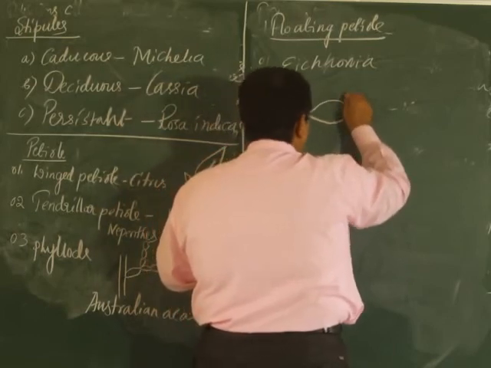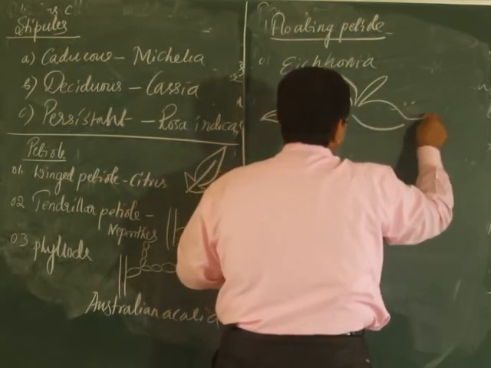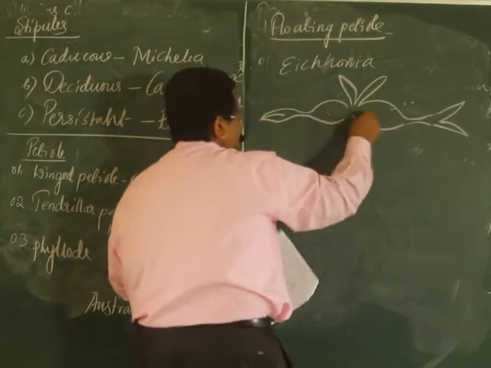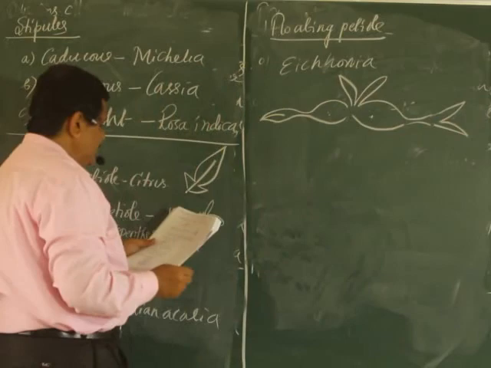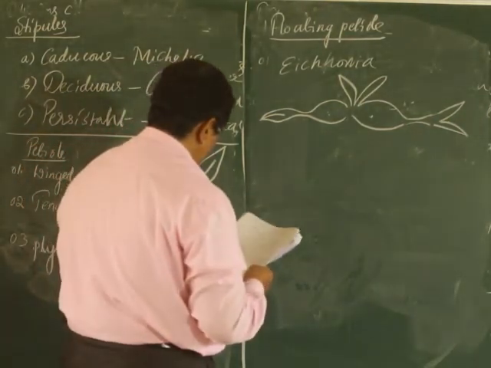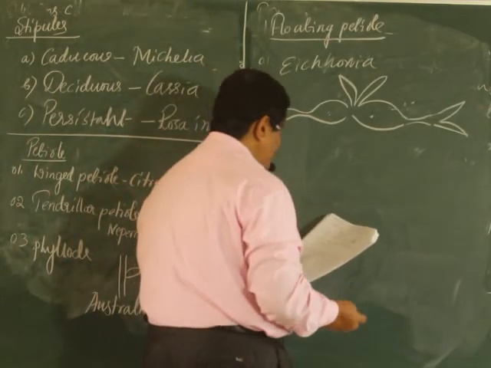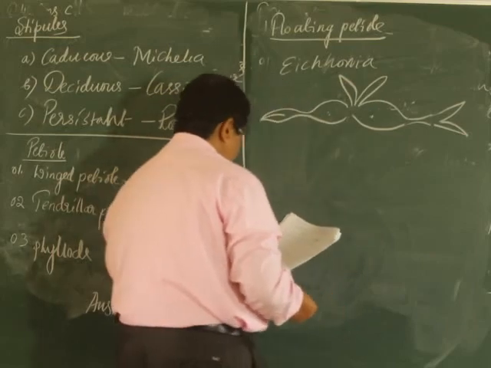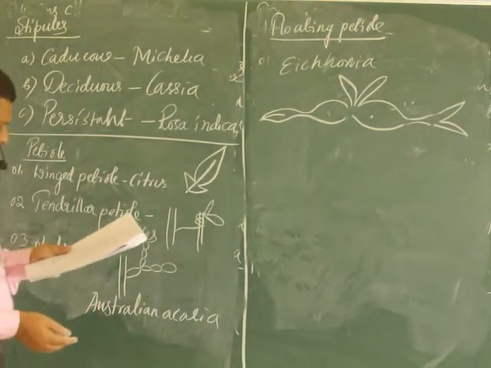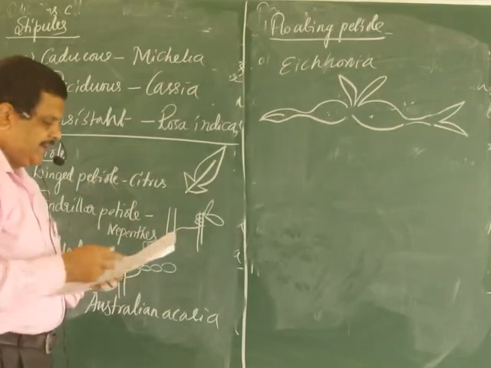People grow it for ornamental purpose. This type of plant has this type of leaves. Here you can see the bulge, which helps in floating. So these are the different types of petioles. And next we'll see the venations. How many types of venations are there in the leaves, and what are the different types, in the next video.